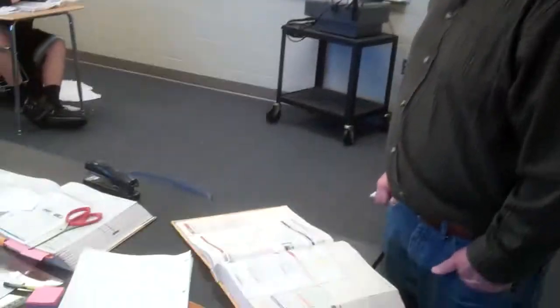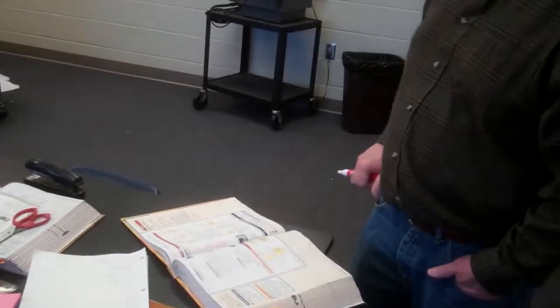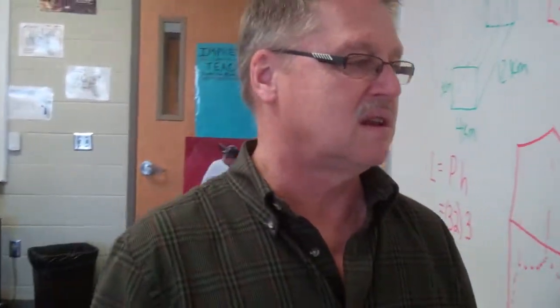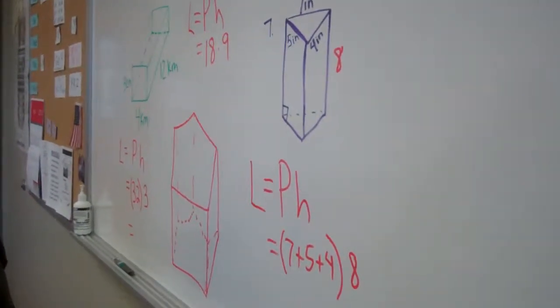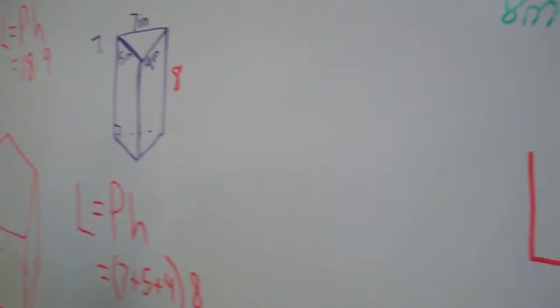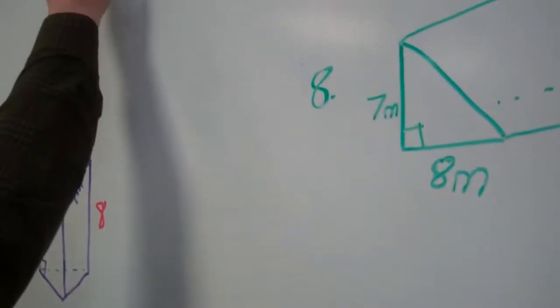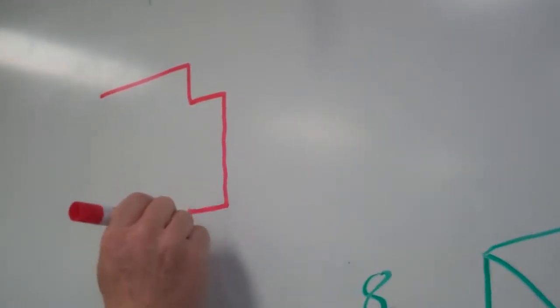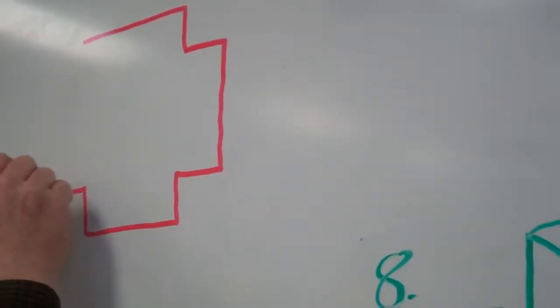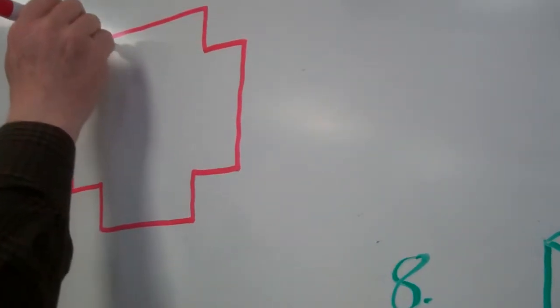Number 10. An interesting challenge here in number 10. It's the kind of thing Nathan likes to tackle. Nathan, notice that number 10 has kind of a notchy plus shape on one end, like this. No one would draw it for me.